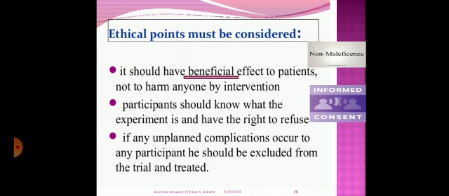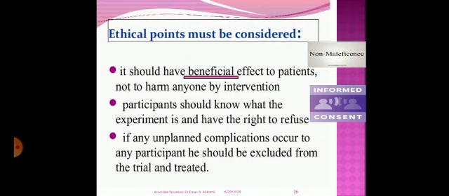They should have an idea about the risk and the benefit, what the experiment is, and what the side effects are, for example, and they should accept whether to participate or not. So we need what is called informed consent. So the ethical principles involved in the experimental study are beneficence, non-maleficence, and informed consent.